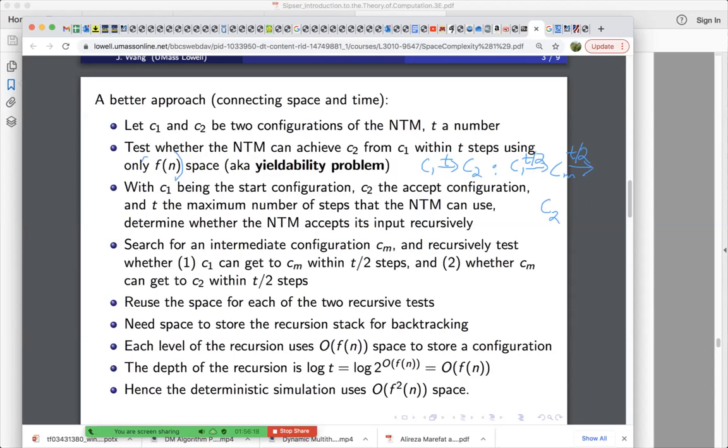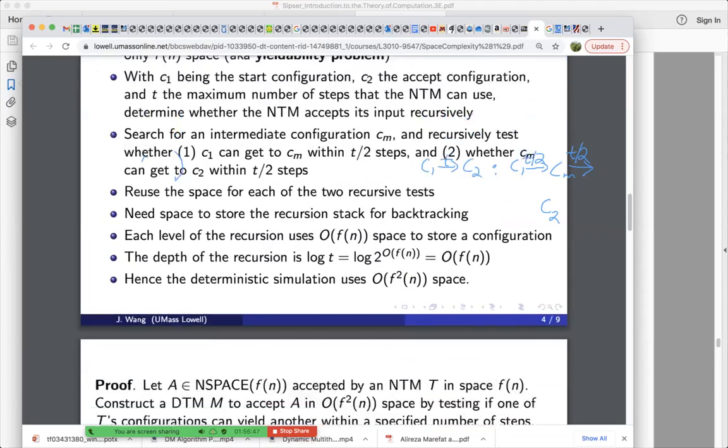So that means that the depth is big O of f of n, since you store the returning information using this much space. Then, of course, the total space you would need is the multiplication of these 2. So that's f of n squared. So that is the idea of Savage's theorem, okay, the proof of Savage's theorem.